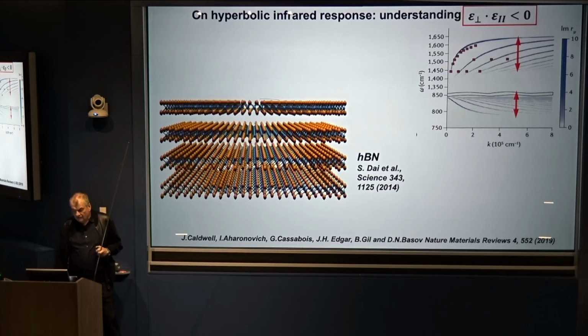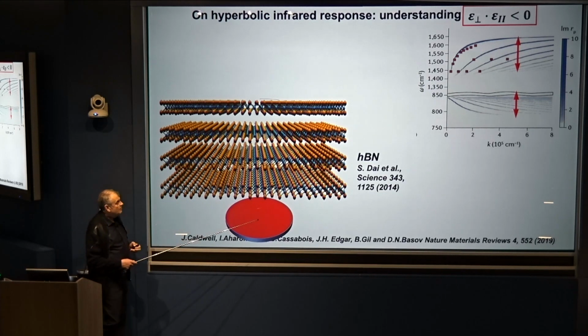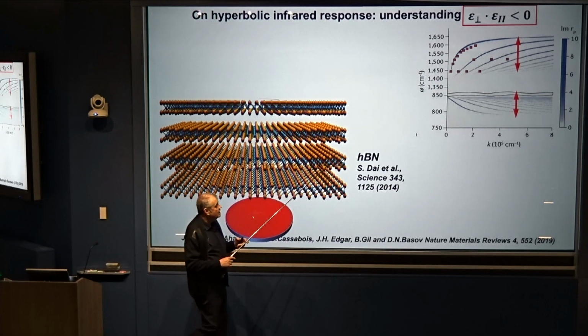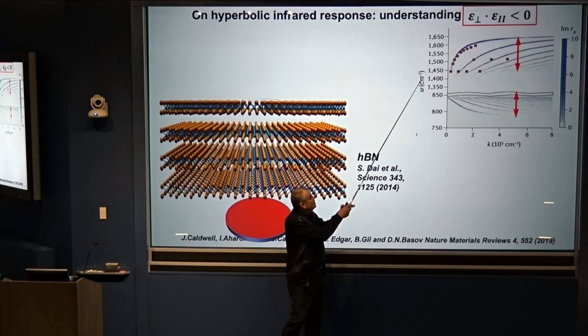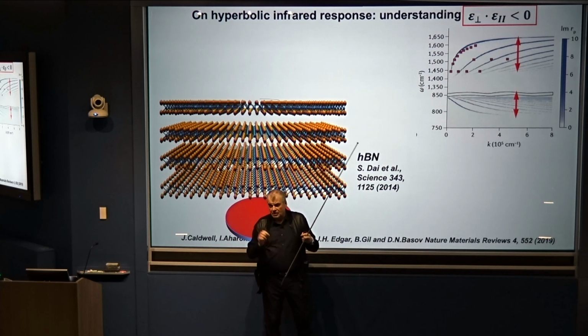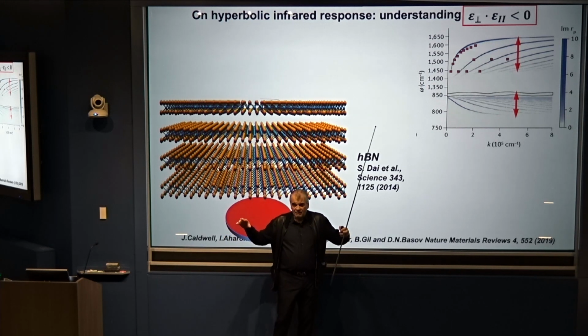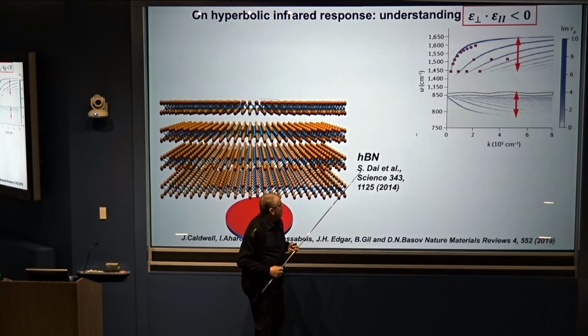So how can we visualize these modes? That's what we did. We worked with boron nitride. Boron nitride has 2 infrared phonons at very different frequency ranges. And so there are 2 regions in the frequency axis where you have this hyperbolic behavior.